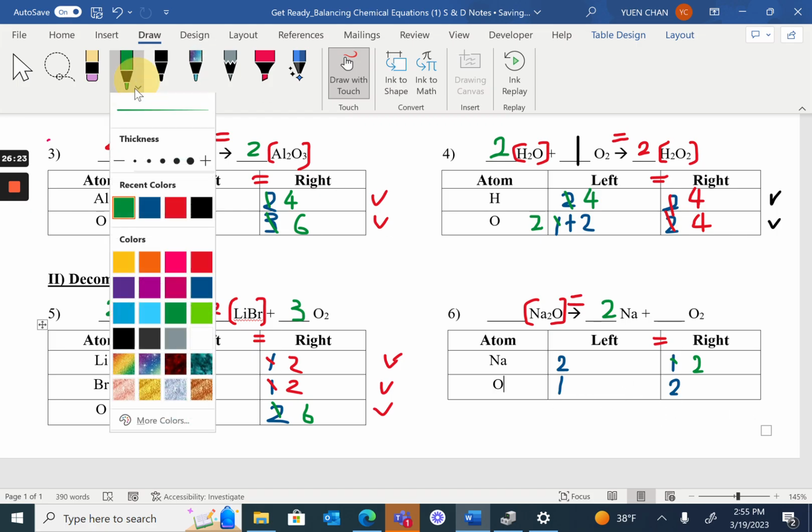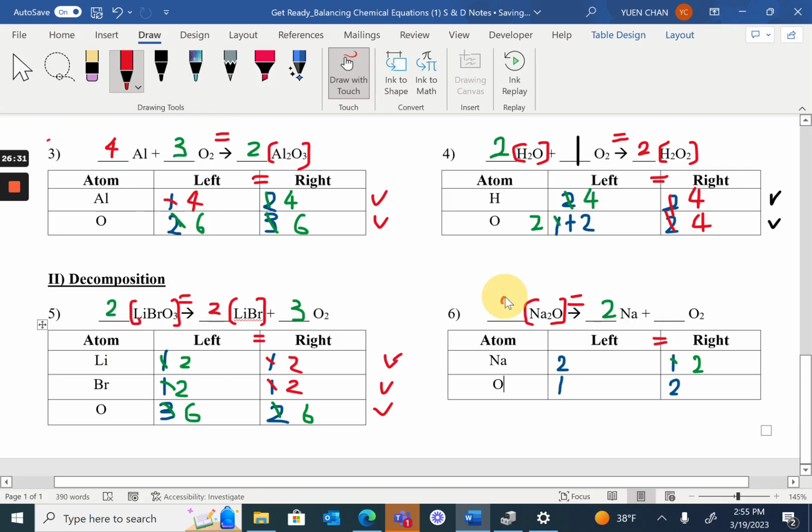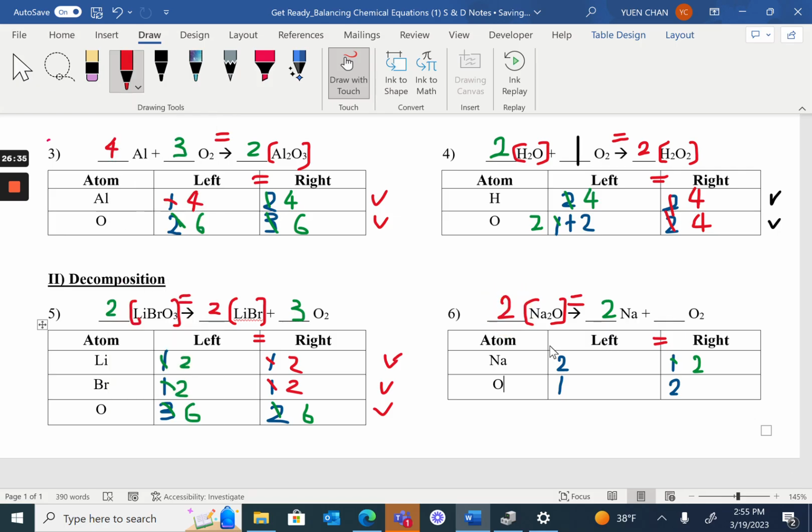In order for me to make the O to be 2, I have to change the left-hand side, put the 2 in the front. But this time, I'm not just making the O change. I make the Na also 2, so Na, I change that to be 4. And then my O is 2.